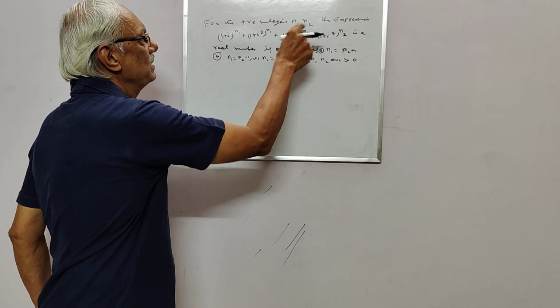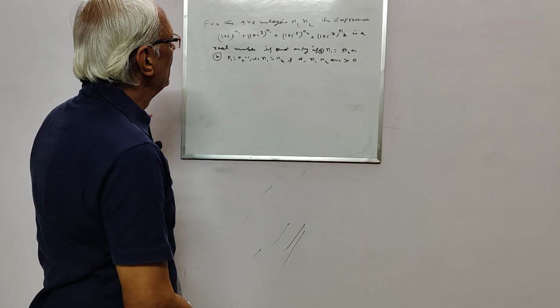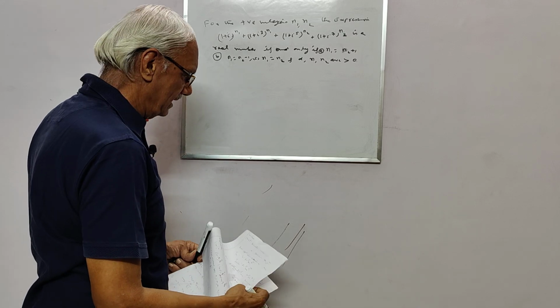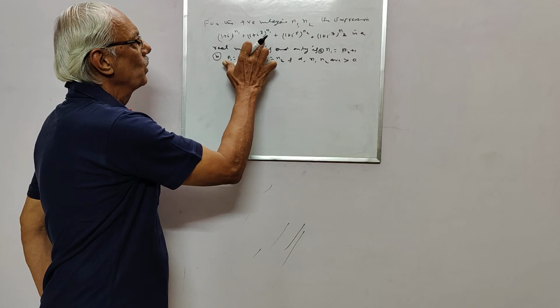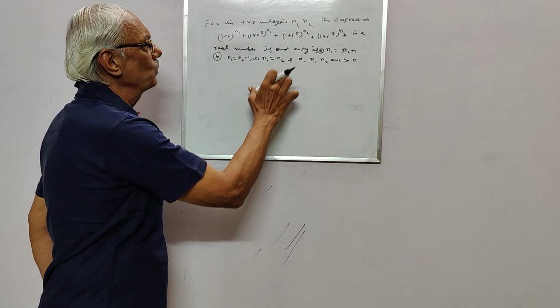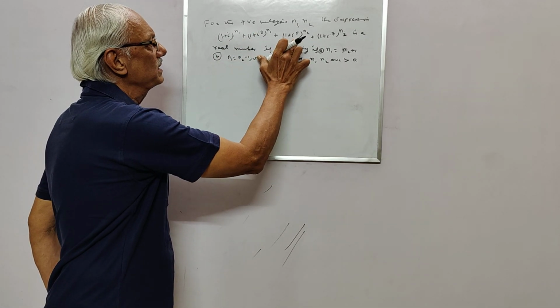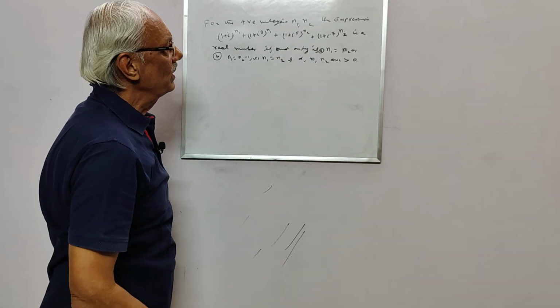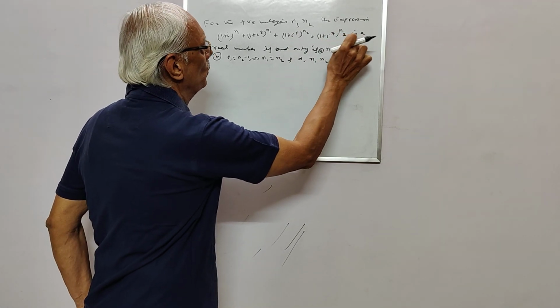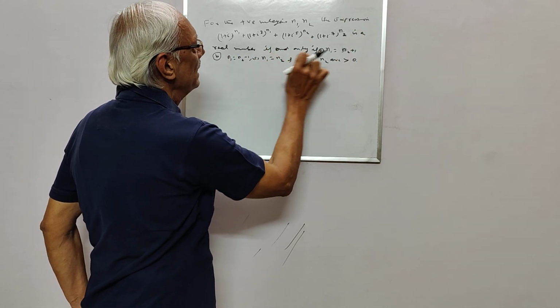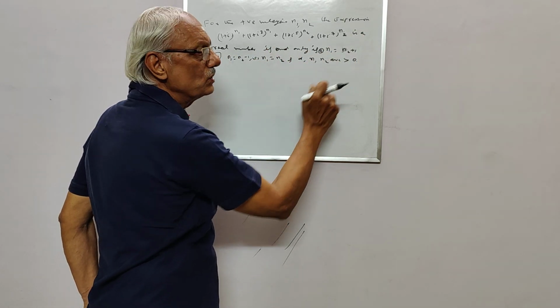For the positive integers n1 and n2, the expression (1 plus i) to the power of n1 plus (1 plus i cubed) to the power of n1 plus (1 plus i to the power of 5) to the power of n2 plus (1 plus i to the power of 7) to the power of n2 is a real number if and only if, and 4 choices are given.